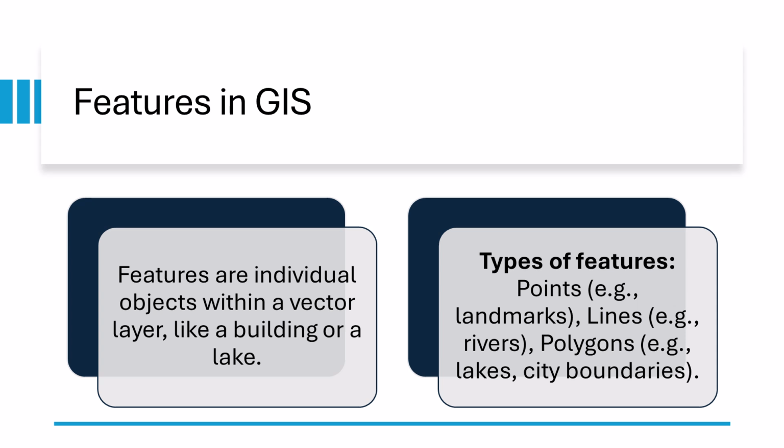Features come in three main forms: points, which are used for specific locations like landmarks; lines, which represent things like roads or rivers; and polygons, which are used for larger areas like lakes or city boundaries. Understanding features is crucial as they are the primary units we analyze and work with in GIS.